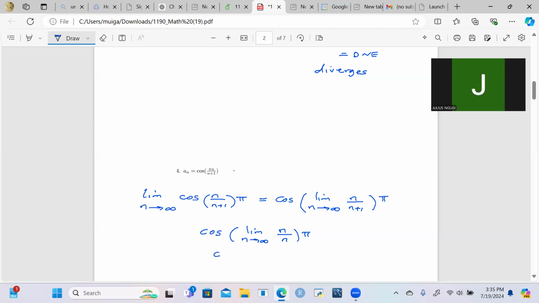So we have cosine of the limit as n approaches infinity of 1 times pi, which is just pi. So we get an answer of cosine of pi, which equals minus 1. And that again converges. So that sequence converges.